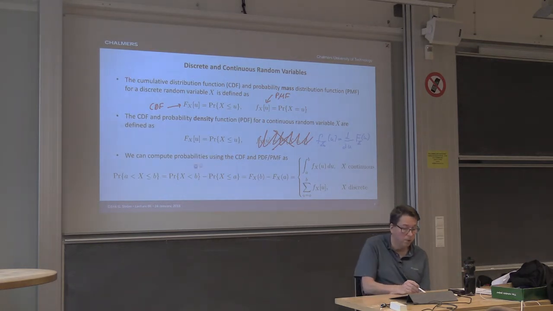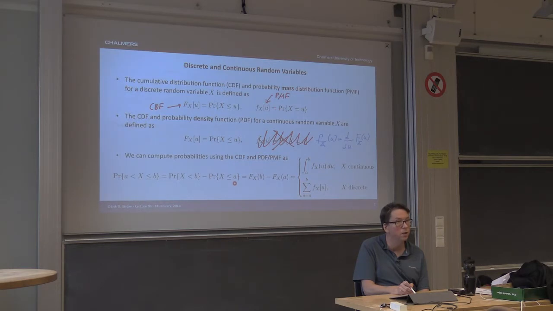Okay, but anyways, if we have a probability of this nature that we would like to know when x is less or equal to b and greater than a, it's in a certain interval. By definition, we can write this as the probability that x is less than or equal to b minus the probability that x is less or equal to a. Okay, then it falls into this interval here. And then by just plugging in the definitions of the CDF, we get a CDF expression like this.